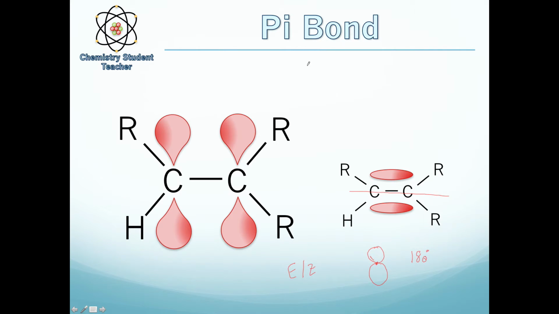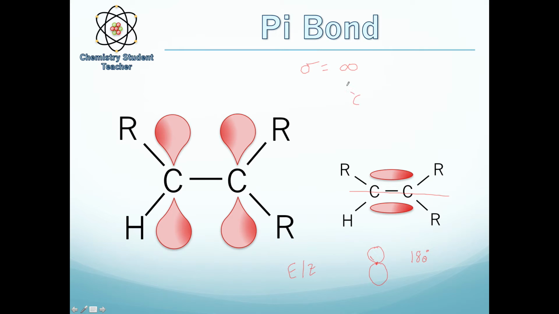Going back to the sigma bonds, this is why we get conformational isomers, because we have technically infinite rotation. A conformational isomer is where these carbon-carbon single bonds rotate to get the maximum distance between the opposite groups.